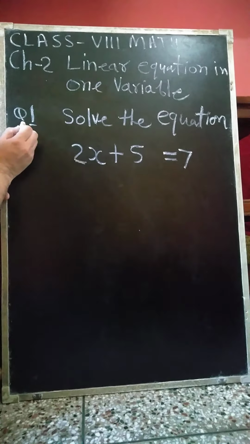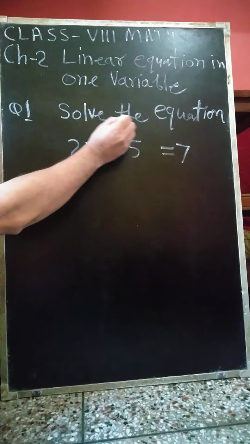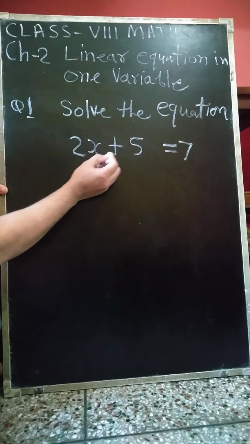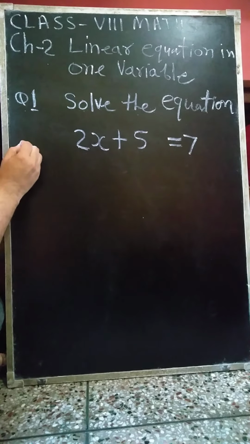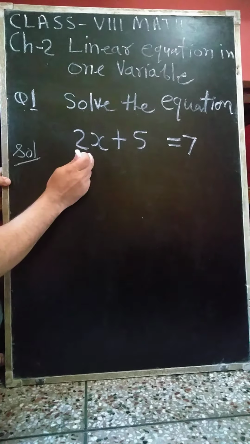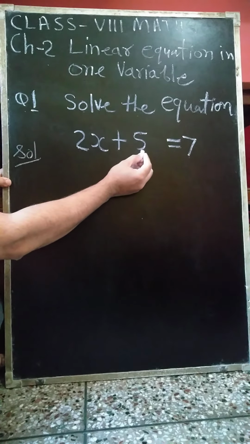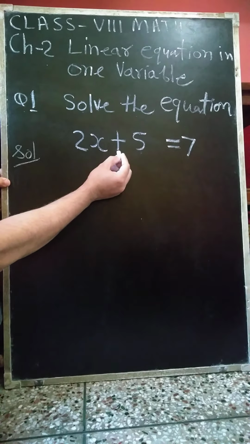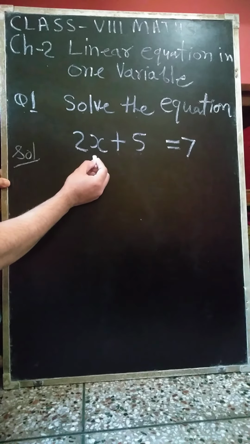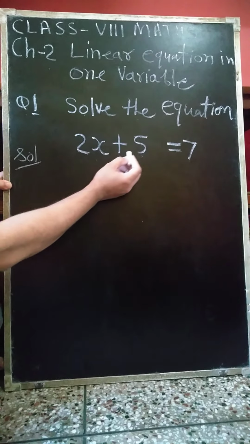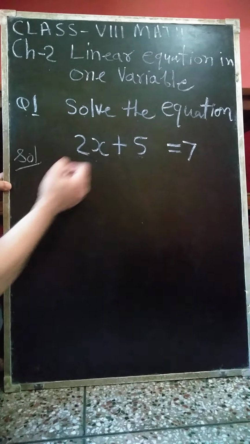Okay students, question number 1 is solve the equation 2x plus 5 equal to 7. Here students, 5 is in addition with the variable, so we subtract 5 on both sides.